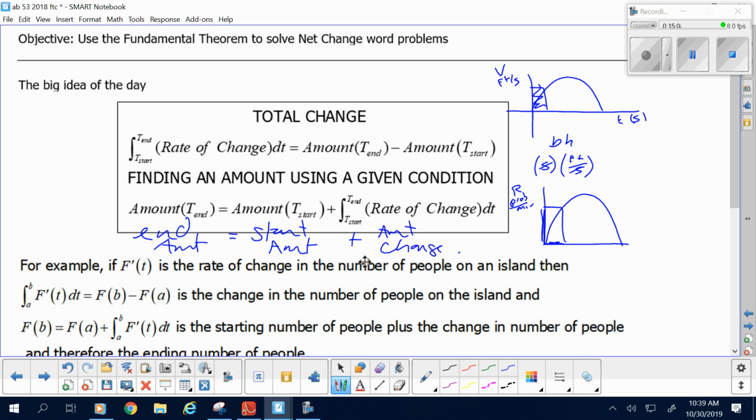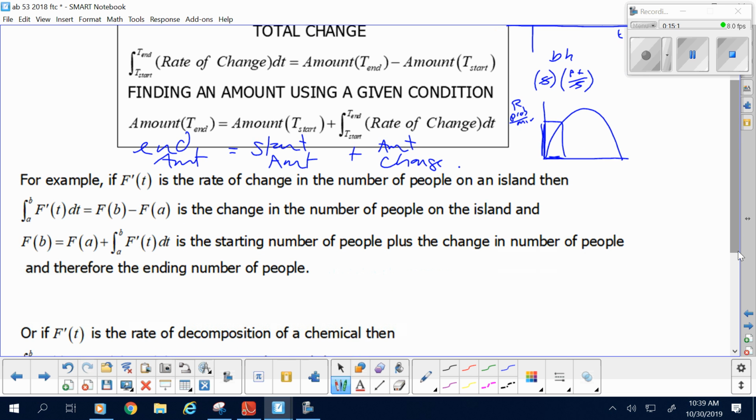Some examples. Say f prime is the rate of change in the number of people on the island. Then if I integrate f prime, that is really then f of b minus f of a, or the change in the number of people on the island. F at b represents the people at the end. F at a represents the number of people at the start. If you rearrange this so that you wanted f at b, you could say the people at the end equals people at the start plus the change in population.